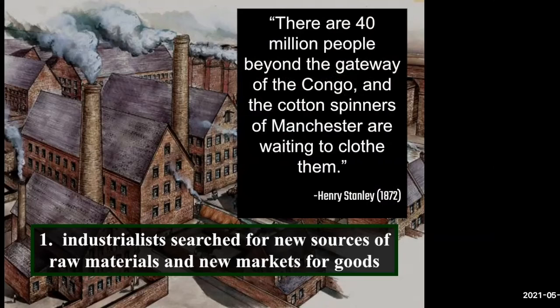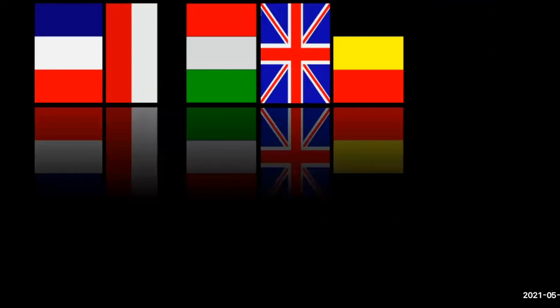Okay, so talking about the colonies that they established in the Congo, which is in Africa. These people in the Congo are going to represent captive markets, meaning that the British cotton spinners create clothing, and then they're going to sell that clothing for a profit to the people in the colonies. And again, under mercantilism, they're going to have to buy from those mother countries.